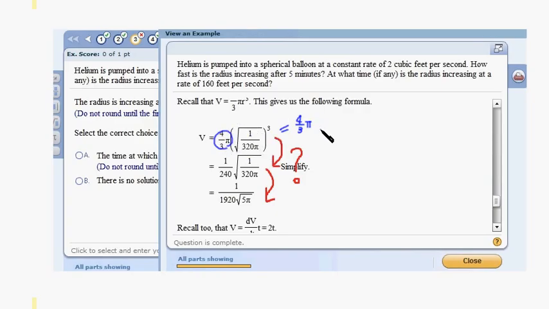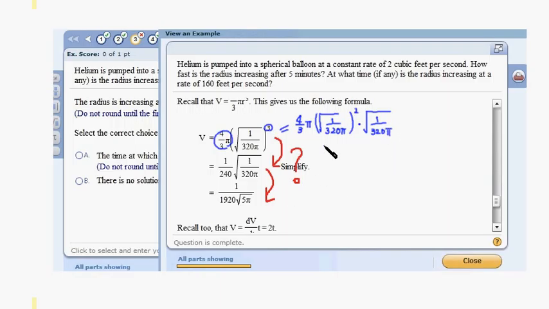So you have basically the square root of 1 over 320 pi, and I'll put two of them right here. Then you have another, since its power is 3, another square root of 1 over 320 pi.